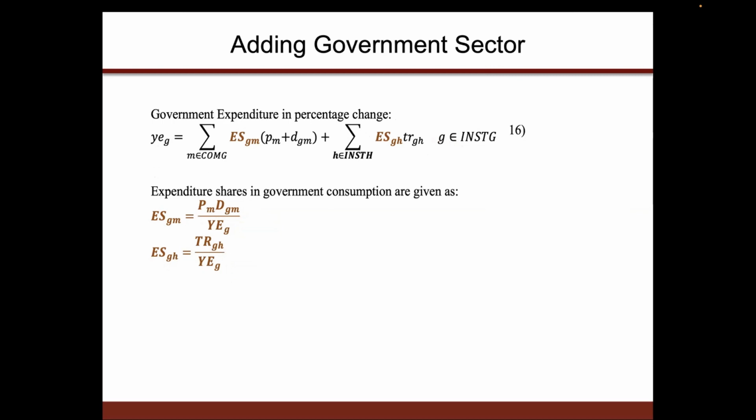The sum over commodities of expenditure shares times the sum of percentage changes in prices and percentage change in government consumption of each of the commodities in the government consumption basket, plus the sum over institutions, or households here, of the expenditure share of the government's transfers times the percentage change in transfers from government to households.